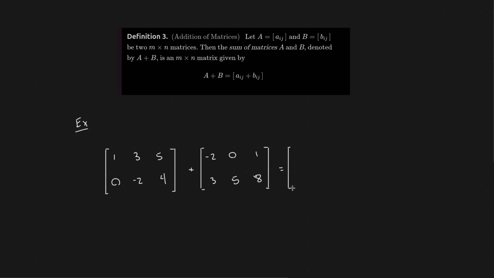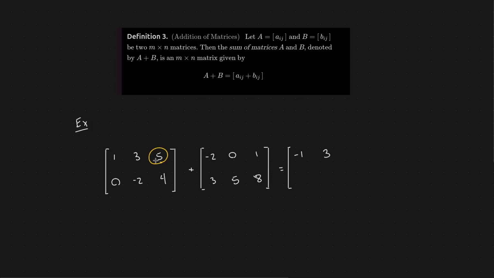We're just going to add corresponding entries together. For the first row, first column, I take the first row, first column entry of the first matrix and add it to the first row, first column entry of the second matrix. 1 plus negative 2 is negative 1. First row, second column of the first matrix plus first row, second column of the second matrix gives me the first row, second column of the resultant matrix. 3 plus 0 equals 3.